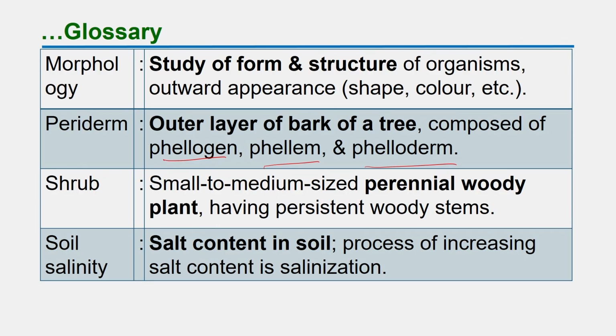Shrub: a small to medium sized perennial woody plant having persistent woody stem. That is your shrub. So jute is also a kind of shrub. Soil salinity: salt content in soil, the status of salt content in soil. Process of increasing salt content in soil is salinization.